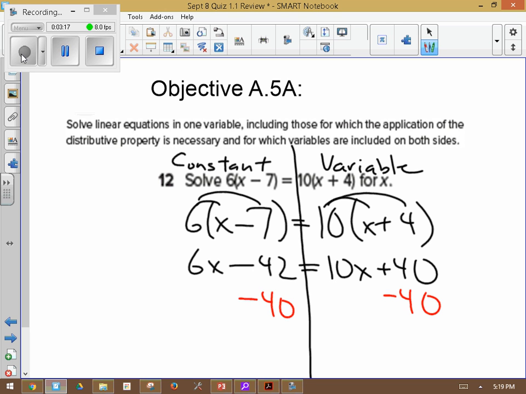If you look on the constant side, you notice there's a 6x. Since 6x contains a variable, it does not belong on the constant side, and we're going to add its inverse. And what you do on one side, you do on the other side. Notice that we have in fact added the same thing to both sides.